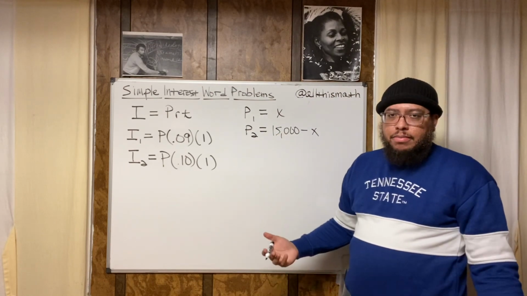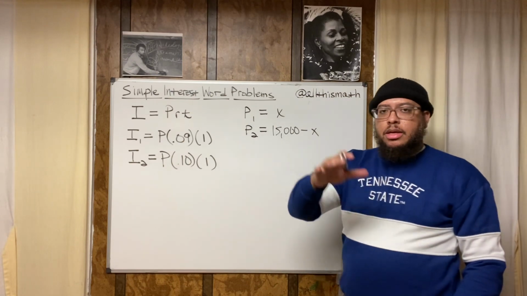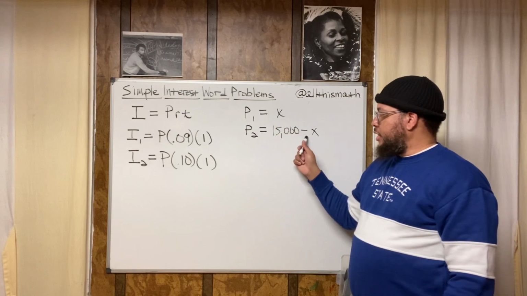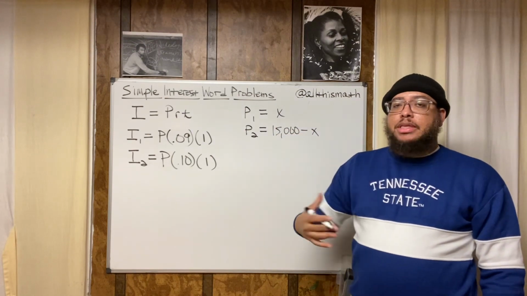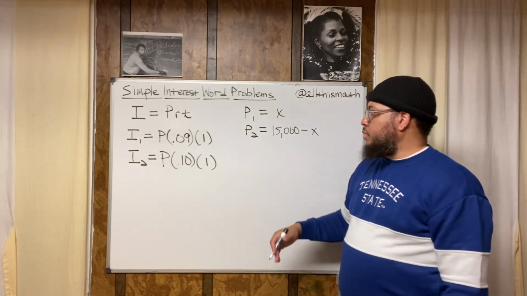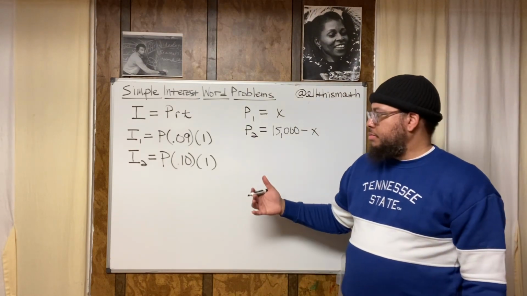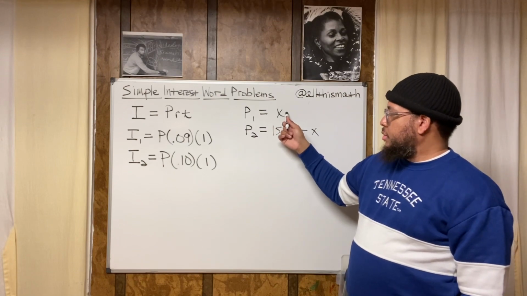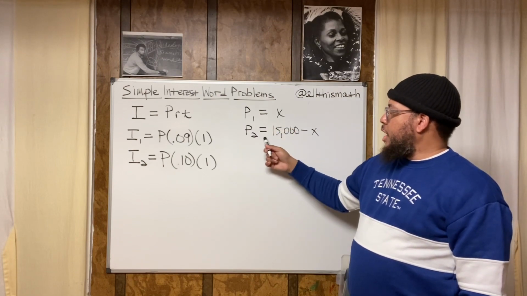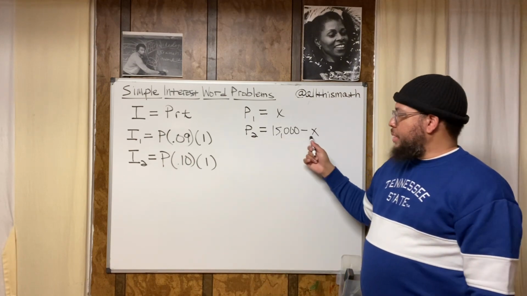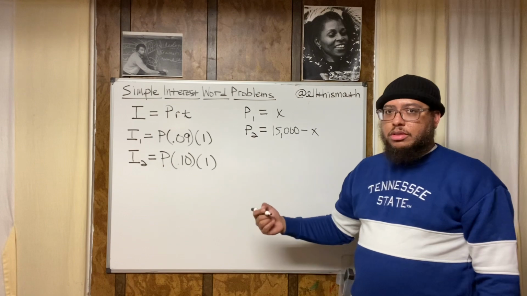Think about it. Hypothetically speaking, I want to make sure this makes sense to you, why this is valid. Let's say the split was 14,000 and 1,000. If X is 14,000, the other investment would be 1,000. But isn't 15,000 minus 14,000 equal to 1,000?